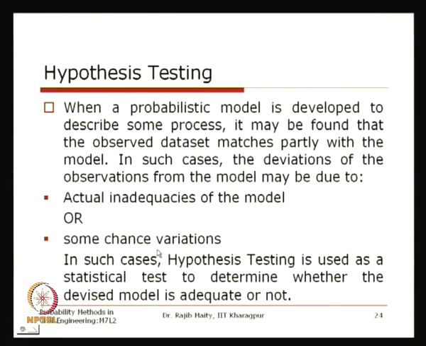That variation is called chance variation. So when the data is varying, whether by chance or because of some real inadequacy in the model, hypothesis testing is used as a statistical test to determine whether the model is adequate or not.